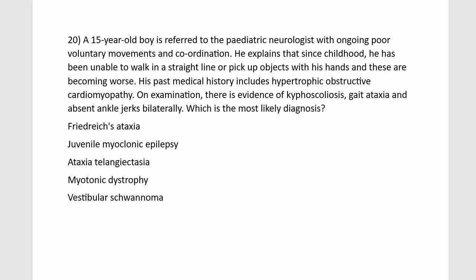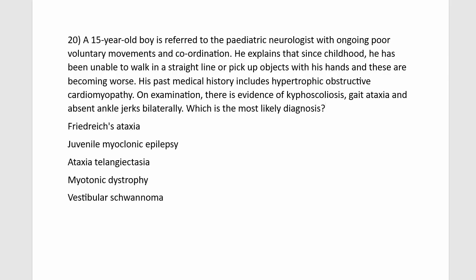On examination, there is evidence of kyphoscoliosis, so this is when the spine starts to bend, gait ataxia, which is difficulties coordinating movement, and absent ankle jerks bilaterally, so both sides. What is the most likely diagnosis?